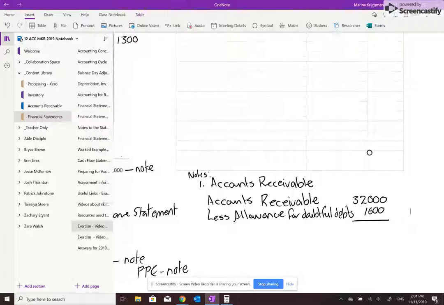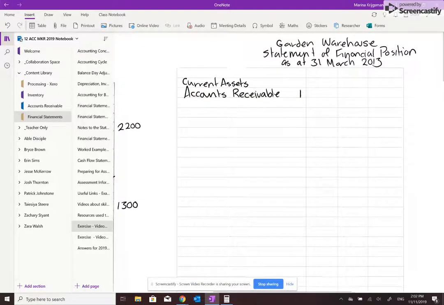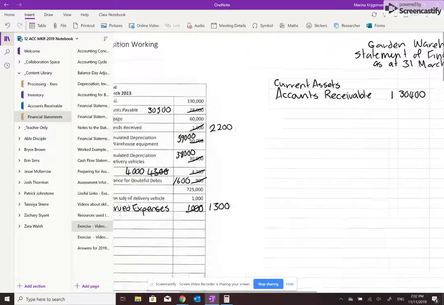So we get 30,400, and this is the amount that we're going to record in our statement of financial position. So we're going to put that in the first column because we've got a few others that we're going to add, so 30,400.